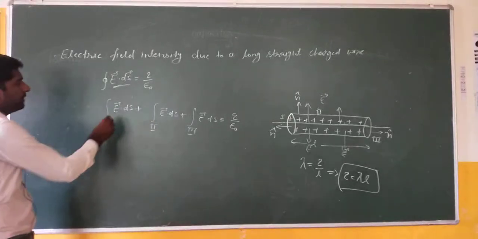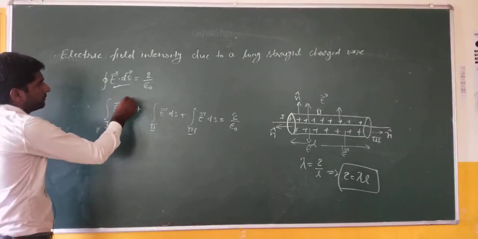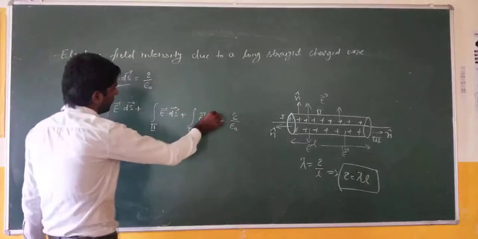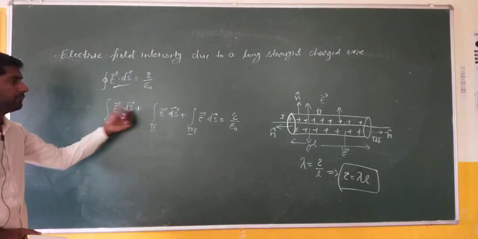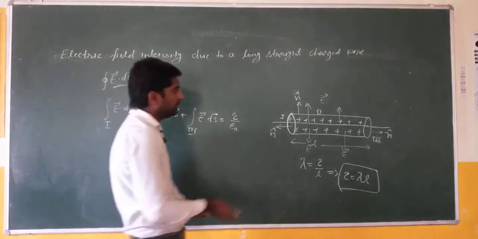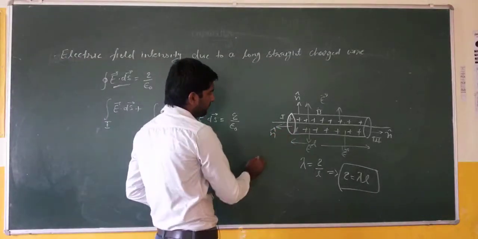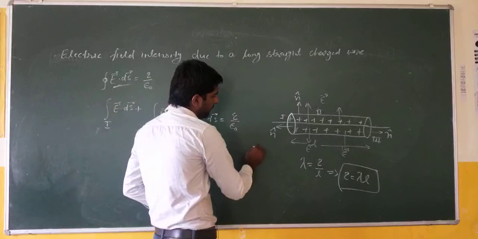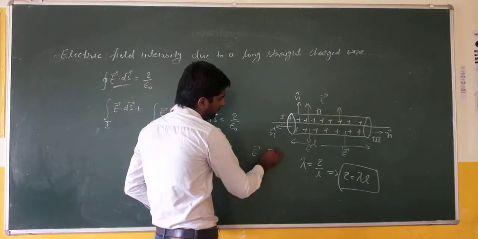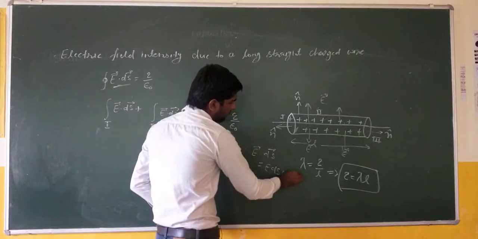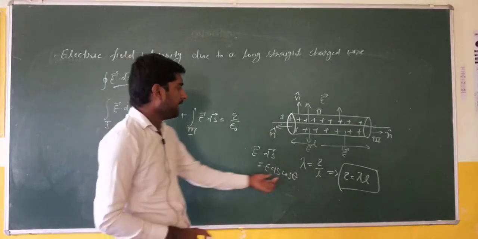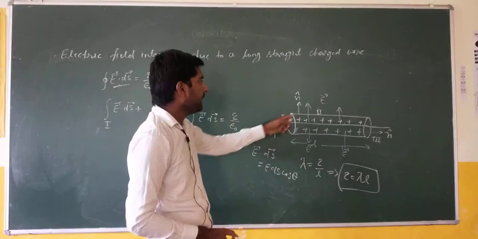Now we consider the first part, E dot ds. If we open the dot product, E dot ds is equal to E ds cos theta. This theta is the angle between the area vector and the electric field.